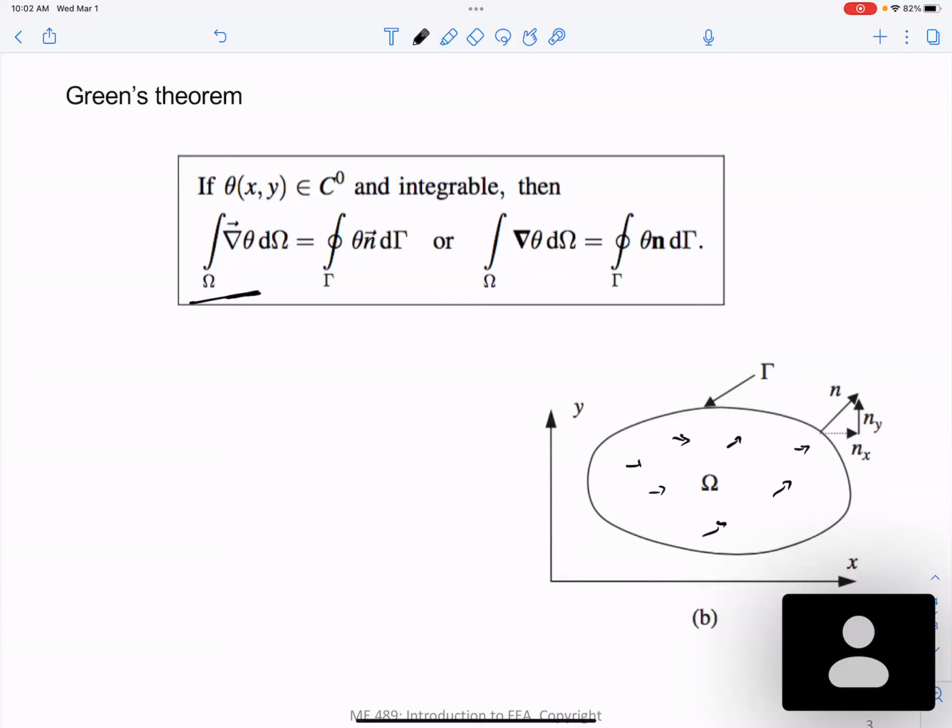So this is the gradient of theta. If I integrate that vector field over omega, I will get some vector. And that is the same as integrating the value of theta at the boundary times the normal.